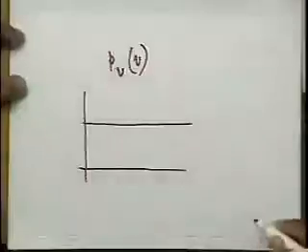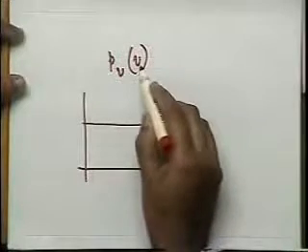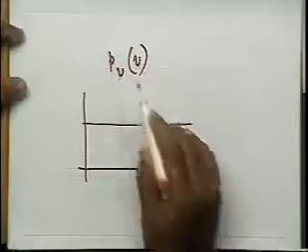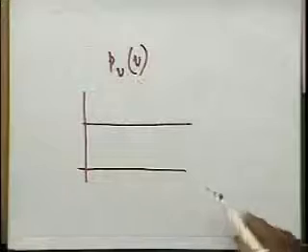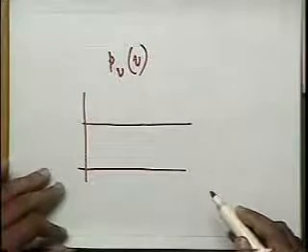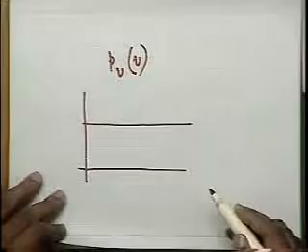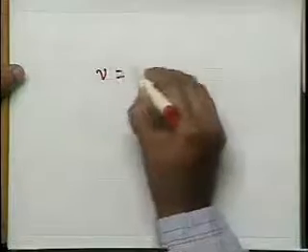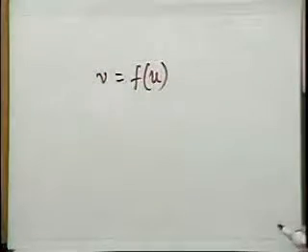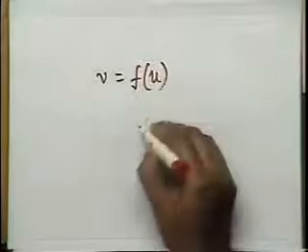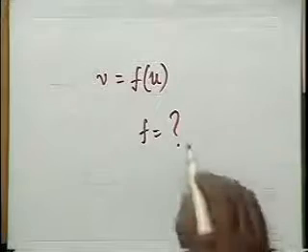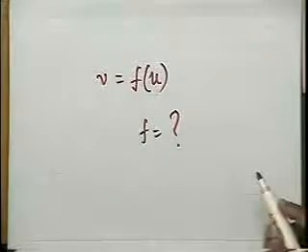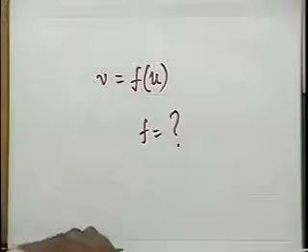So we should get a continuous curve like this for the PDF of V. The PDF of U is like this, and the PDF of V should be like this. So obviously we have to apply a point transformation of the form V equals f of u. Now, I really don't know what this f is. I have to design it in such a manner that v has a uniform probability density function.